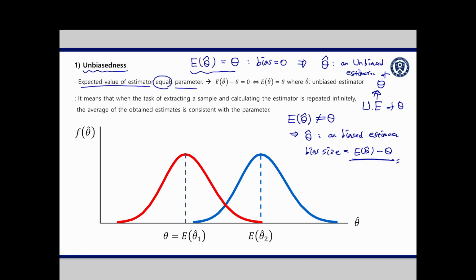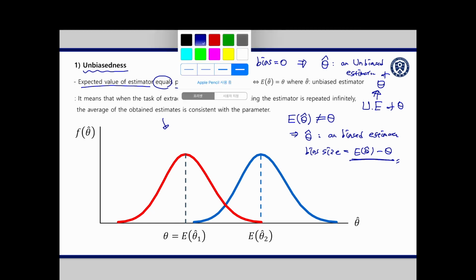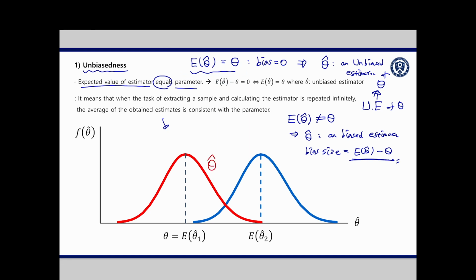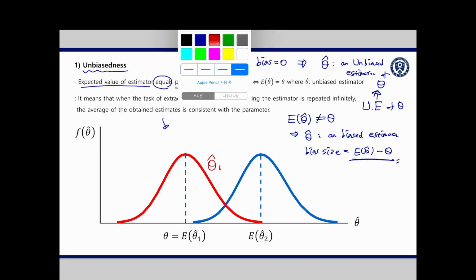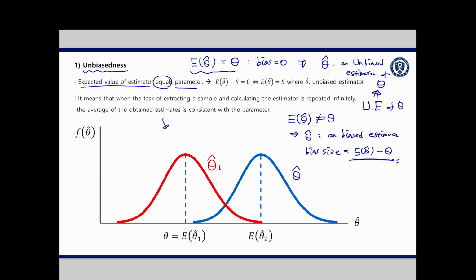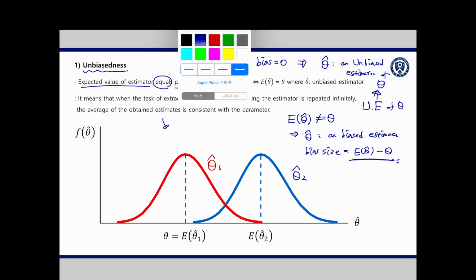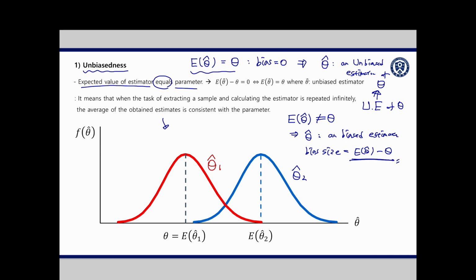Let's look at this graph. Here are the distributions of two estimators, the red and blue. Red is the distribution of theta hat 1, and blue is the distribution of theta hat 2, and theta is here.